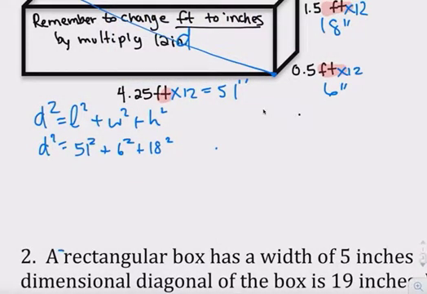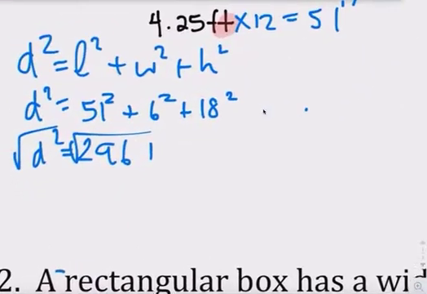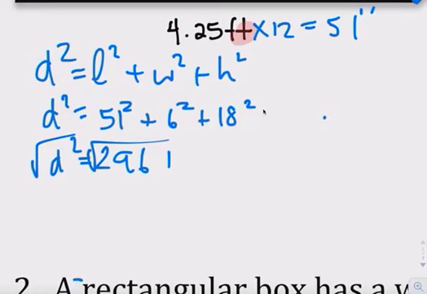D squared equals 2961. Square root, because we want that distance, the diagonal distance.